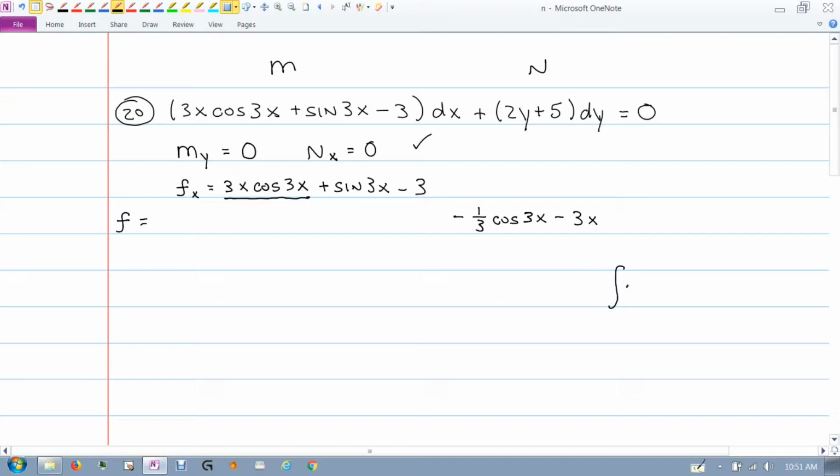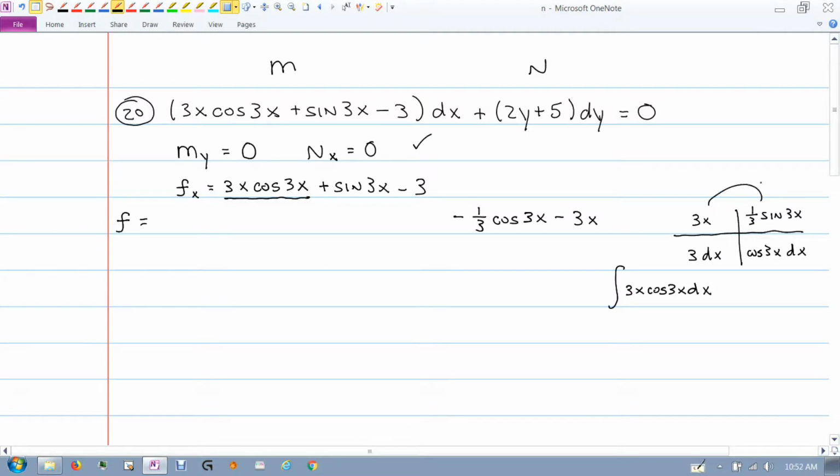I have the integral of 3x cosine 3x dx. We're going to need integration by parts. So I'm going to use 3x here and cosine 3x dx here. The antiderivative of cosine 3x is 1/3 sine 3x, and the derivative of 3x is 3 dx.